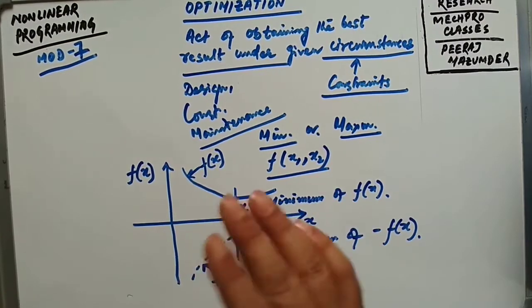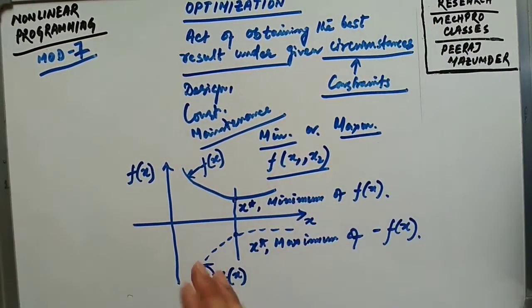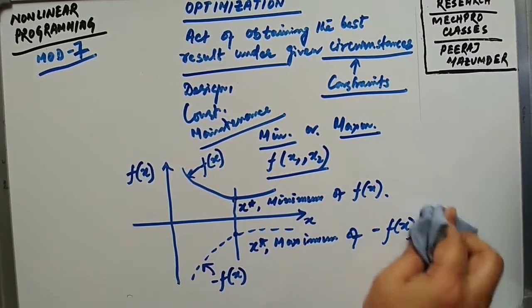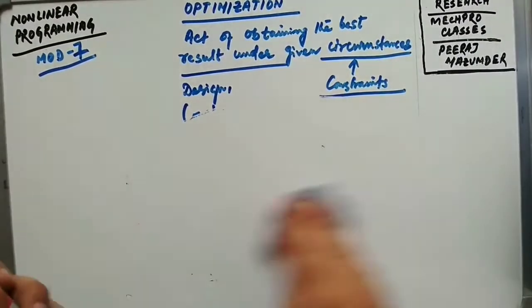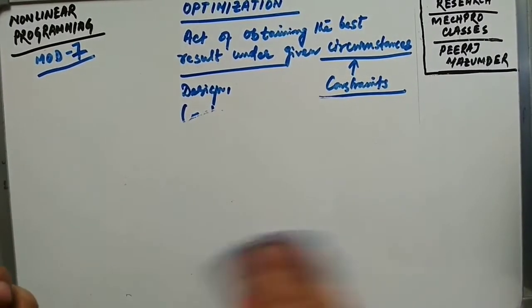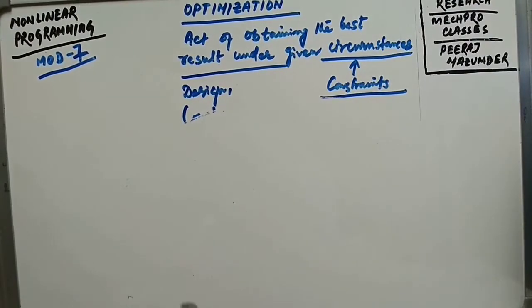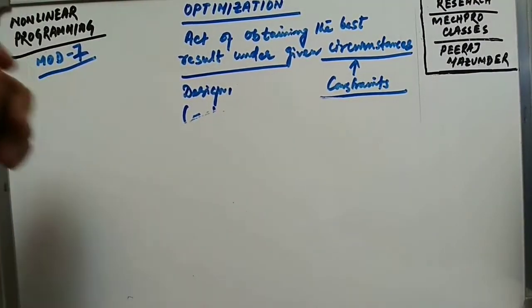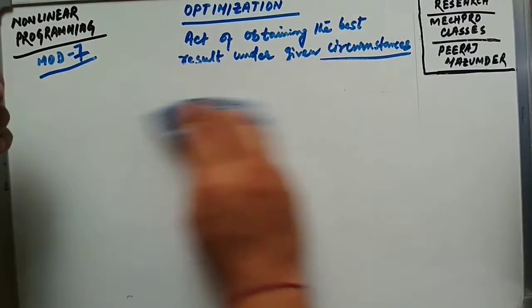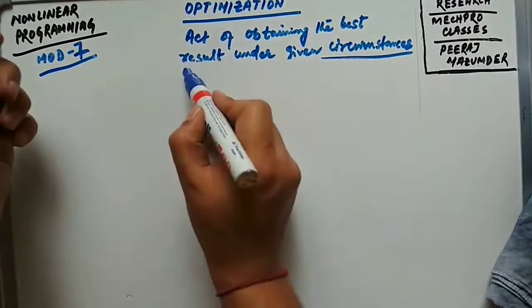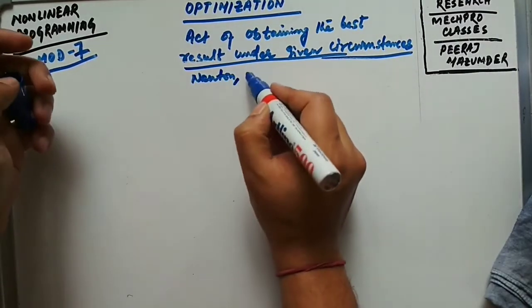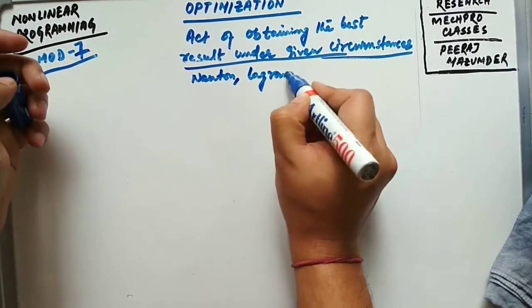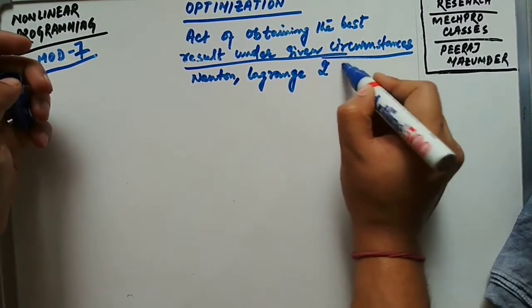Consequently, these mathematical programming techniques are very useful in finding the minimum of a function of several variables under a prescribed set of constraints. You already know what constraints are. Now let us discuss some history or development of operation research. The existence of these optimization techniques can be traced from the days of Newton, Lagrange and Cauchy.